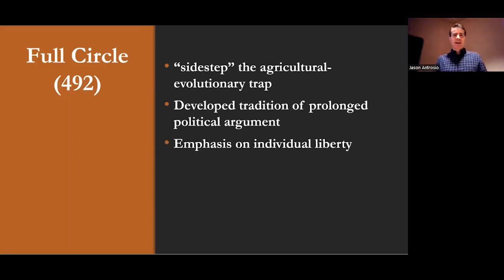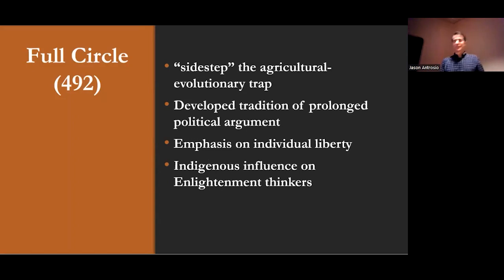It was an emphasis on individual liberty, again, as we've been talking about, this idea of freedom. And who does this influence, Gabe? Those Enlightenment thinkers. So we went on and on about Montesquieu, but we could talk about others, this idea of individual liberty and prolonged political argument about what society should be.